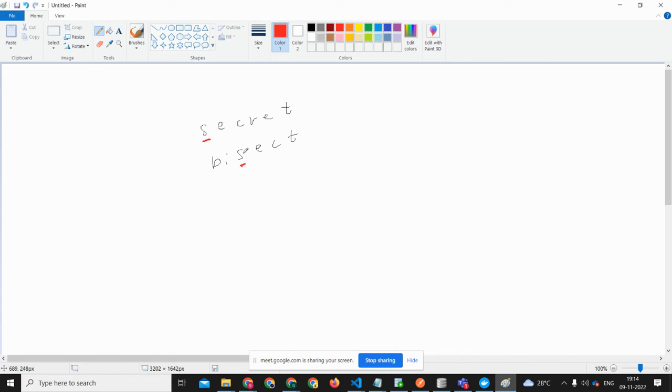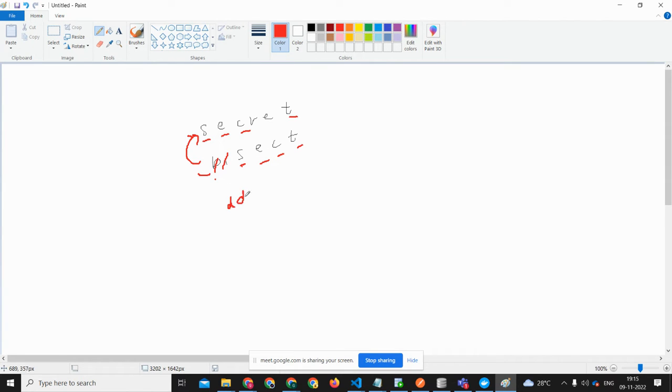So we have S here, right? So that means, how do you find the distance here? If you want to convert bisect to secret, we need to delete B, right?